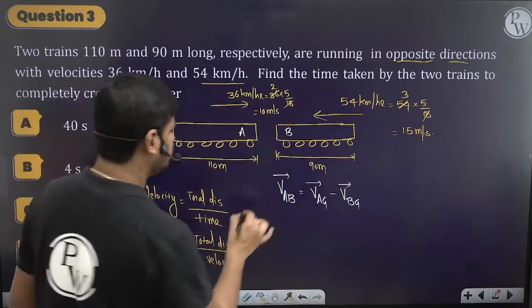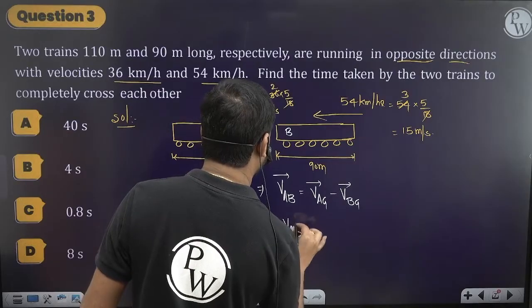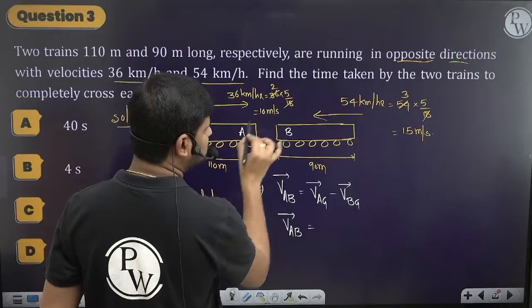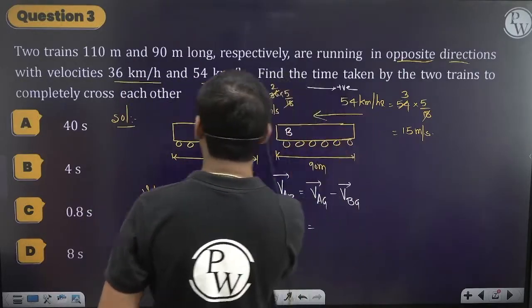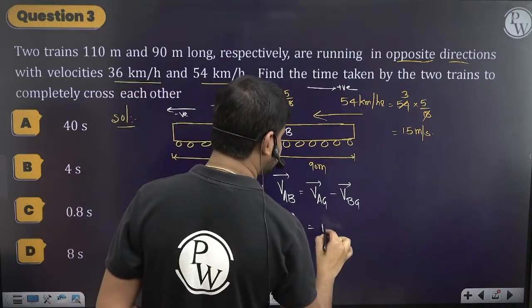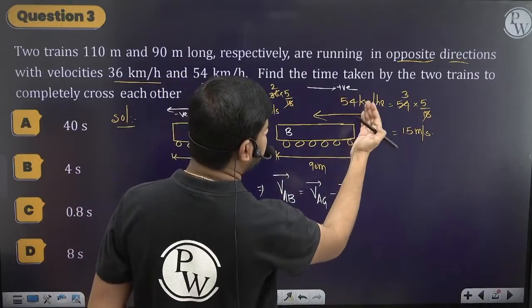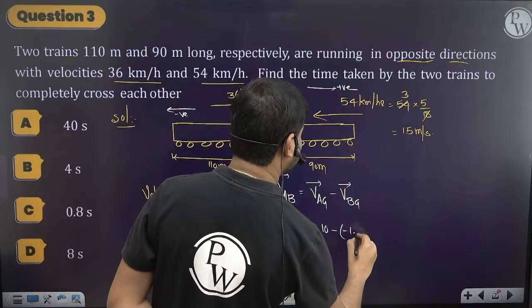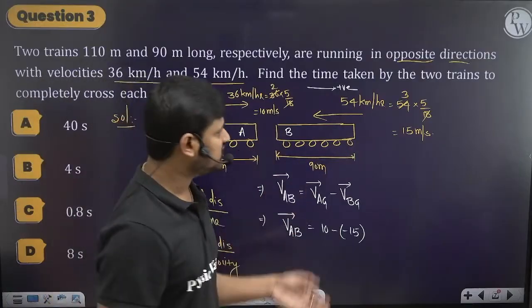Now see here, what is the velocity of A with respect to ground? This train is moving towards the right. I am considering right side direction as positive, left side direction as negative. That's why train A has velocity positive 10 meter per second. And train B is moving in the left direction, so it's going to be minus 15.